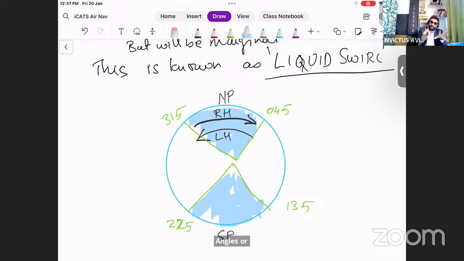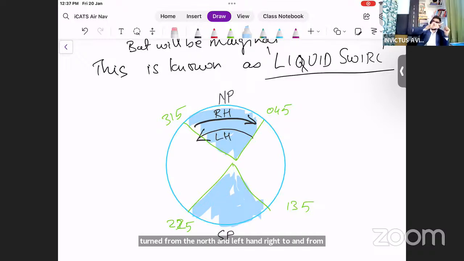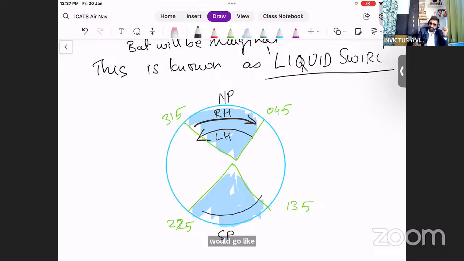So there will be variations. Firstly, whether I'm in the northern hemisphere or southern hemisphere. Then whether I'm taking a left hand turn or right hand turn, from the north and from the south. The right hand turn clockwise measurement would go like this in the south. So this will be the right hand turn for you when your heading is south.